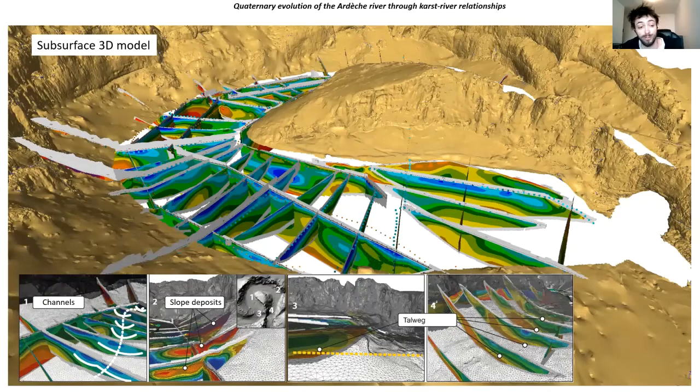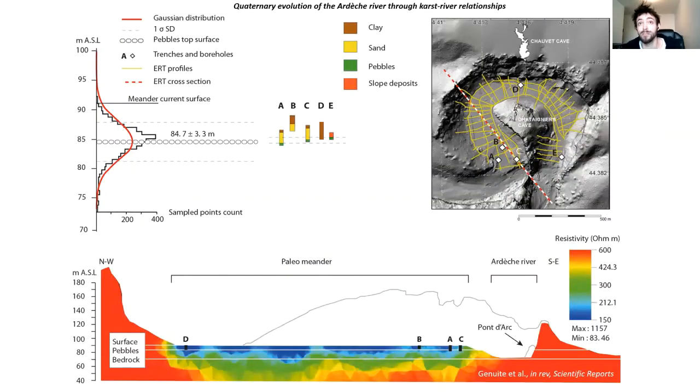So it helped us to interpret and to analyze morphologies, for example, channels and paleo channels inside the abandoned meander, slope deposits composed of clastic components also, and also the Talweg altitudes inside the meander. We also were able to define the abandoned pebble level inside the abandoned meander, which corresponds to the last perennial stage of the river before it was completely cut off in the shape of the natural arch.